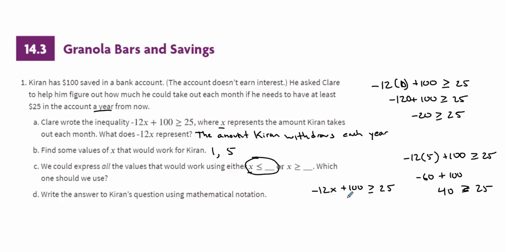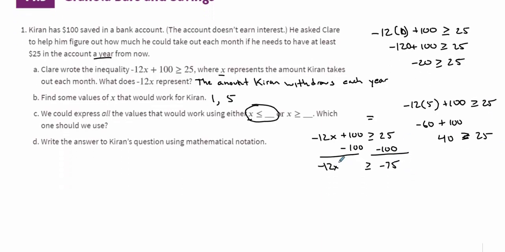If I were to solve this the same way I would solve if this was an equal sign here, I use my rules for solving equations. So I'm going to subtract 100 and subtract 100. We'll see what happens when we do that. We have negative 12x has to be greater than or equal to, instead of using the equal sign, negative 75.